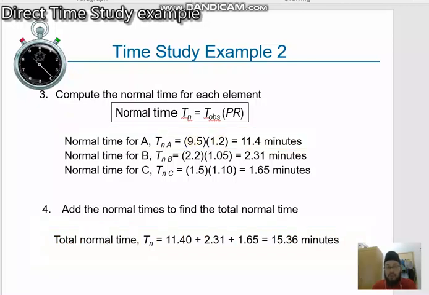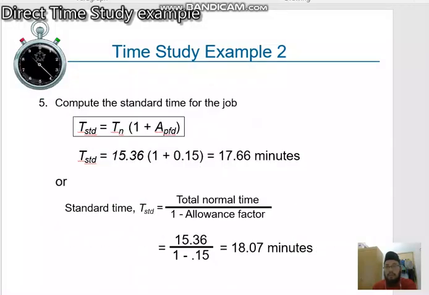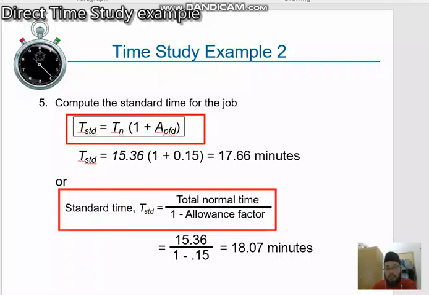And from the total normal time, we determine the standard time. There are two formulas that we can use to calculate standard time. The first formula we have seen in the previous example, and this is the second formula that can also be used to determine the standard time.